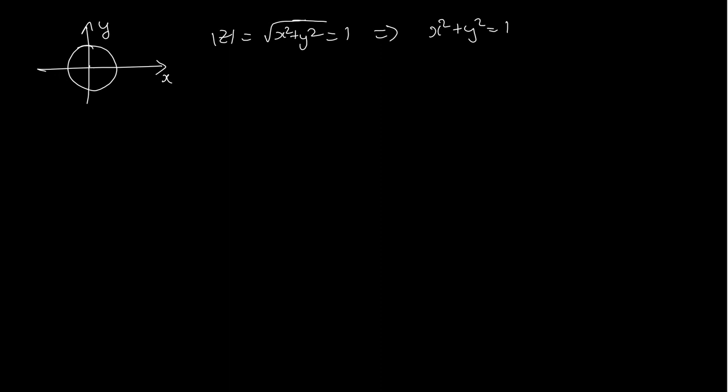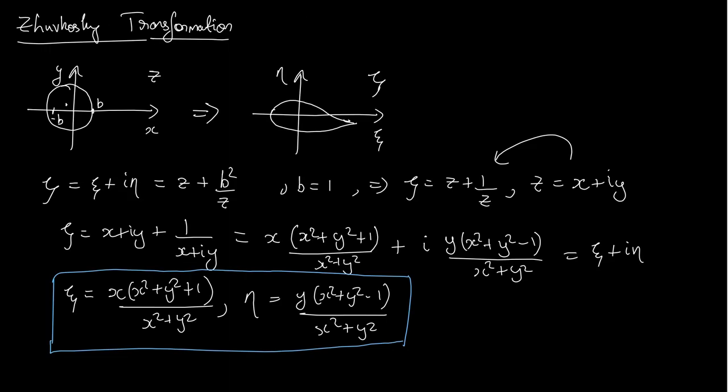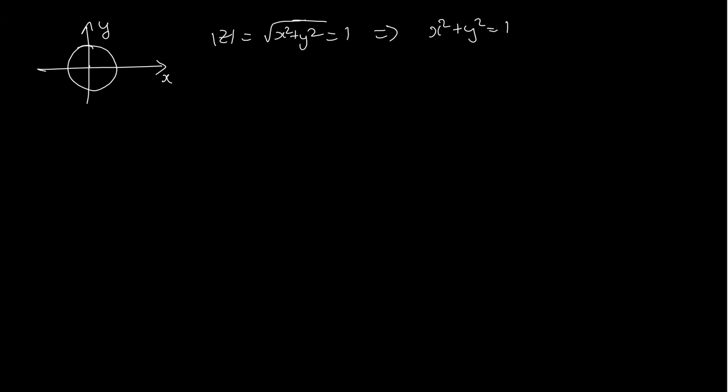So if we substitute this back into our component equations of xi and eta, we'll get xi to be x times 2, which is nothing but 2x, and eta to be 0, because it is 1 minus 1, x square plus y square minus 1, so it is a 0.